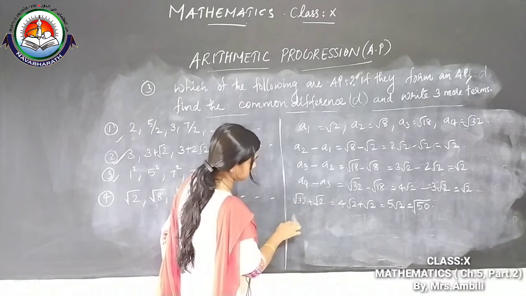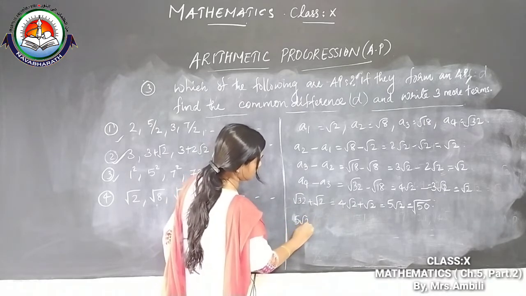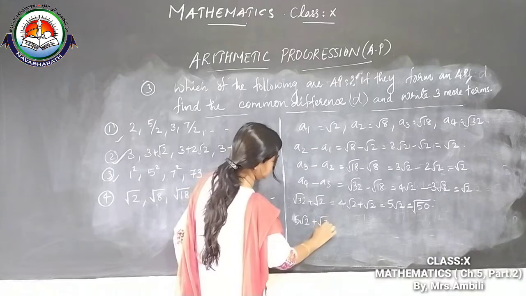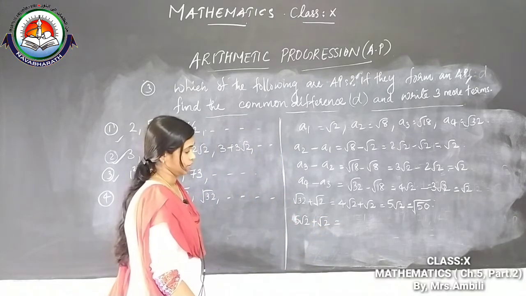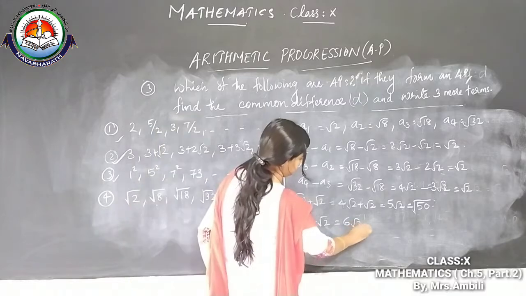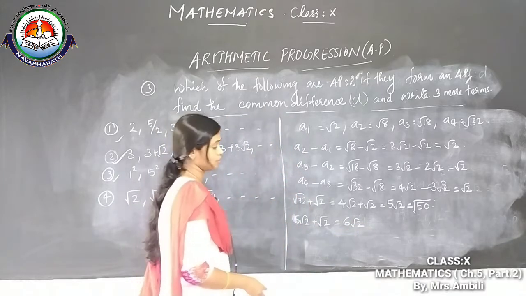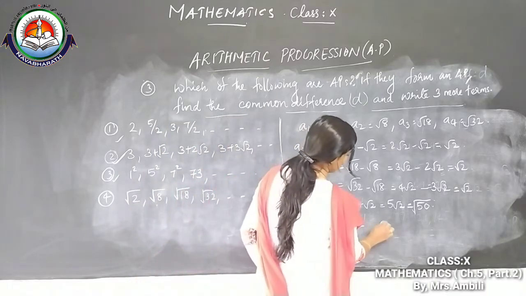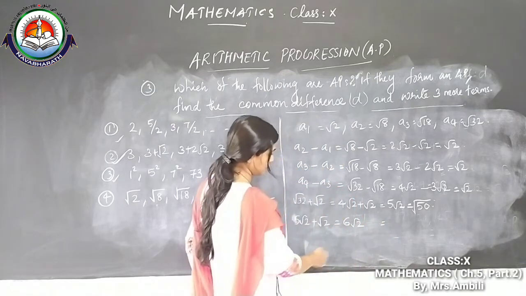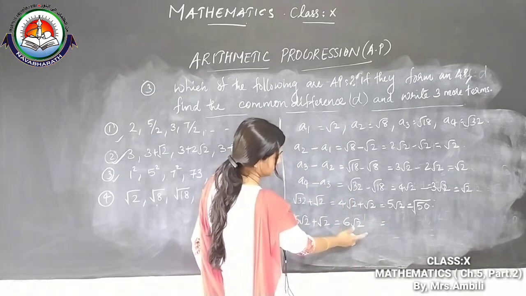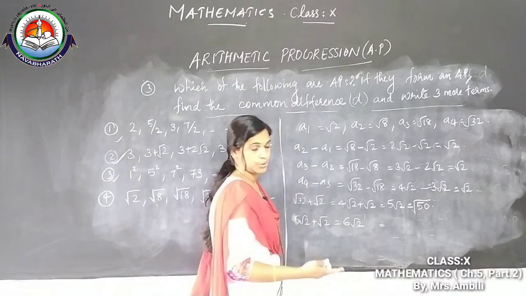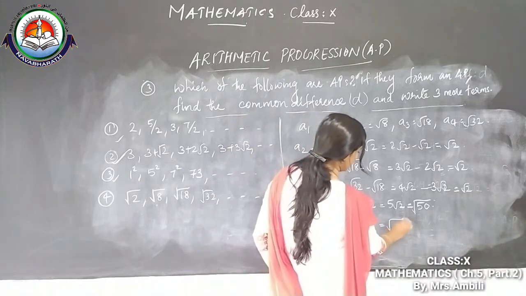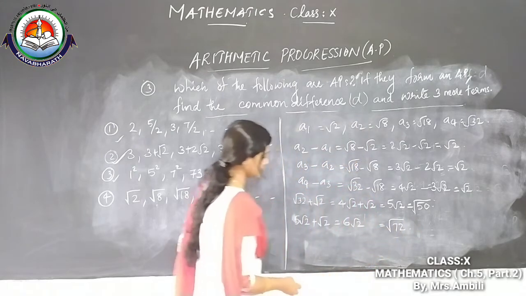Okay. Next. What is our next term? 5 root 2 plus root 2, that is 6 root 2. 6 root 2 how can we change? 36 into 2 equal to 72. So root 72.